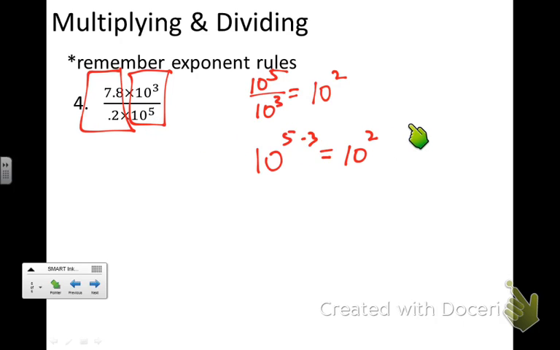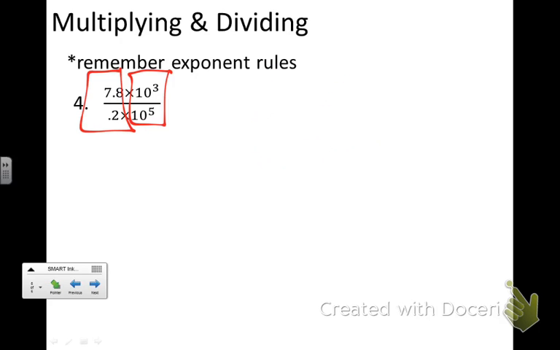If I follow the same pattern as this, using subtraction, what do I end up with? Negative 2. So that's what we're going to do. That exponent part is going to be 10 to the negative 2. Because we want to keep things in one line. In scientific notation, we don't want to see fractions. Okay, we don't. That's why we keep it 10 to the negative 2nd power.